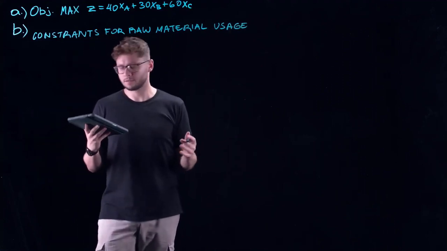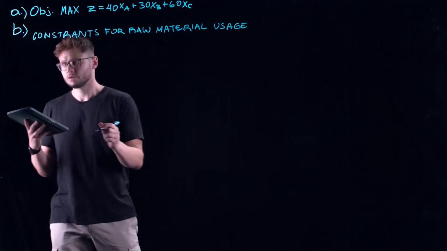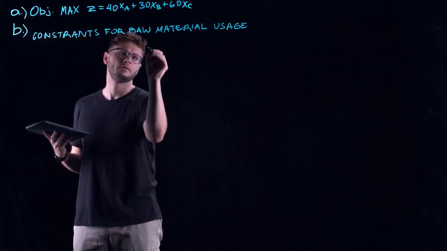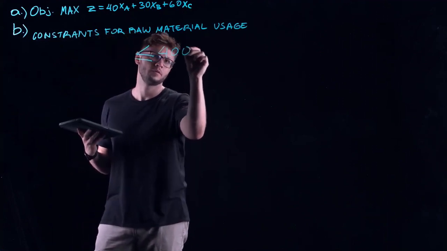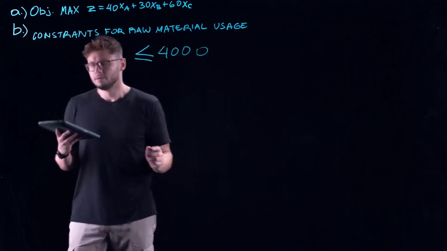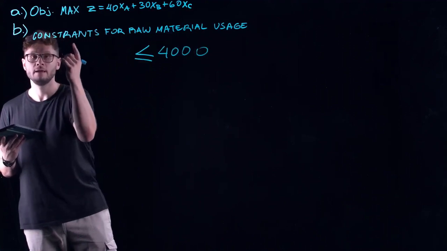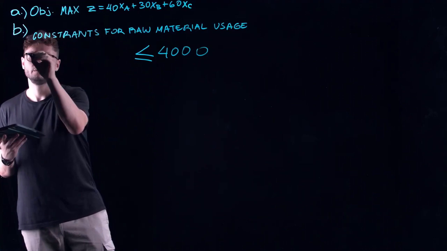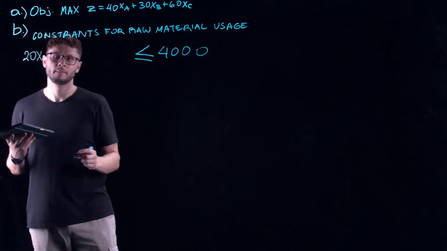So our first constraint is going to take care of the usage of ingredient 1. So if the whole thing has to be smaller or equal to 4,000, because that's the maximum amount of ingredient 1 that we have. So if drug A per unit requires 20 grams per unit, it's going to be 20 XA, right?